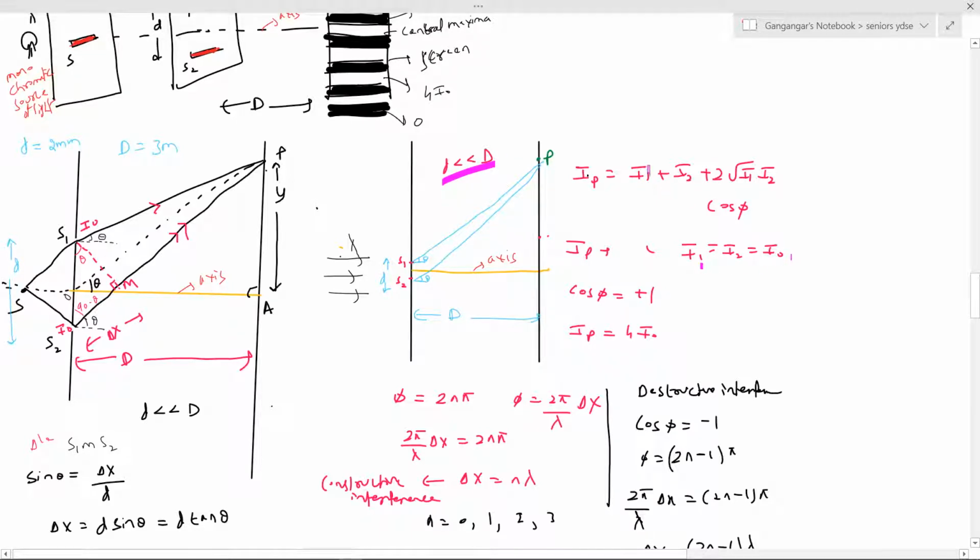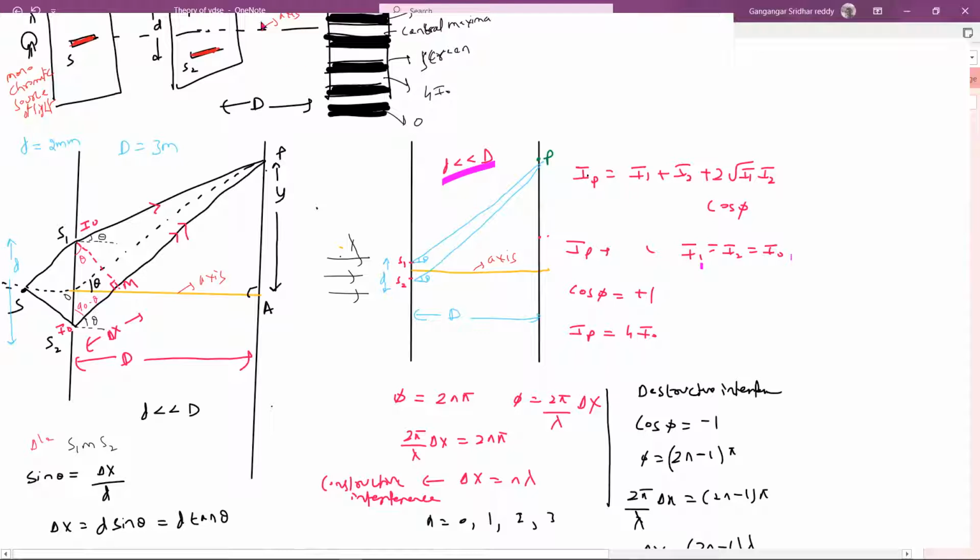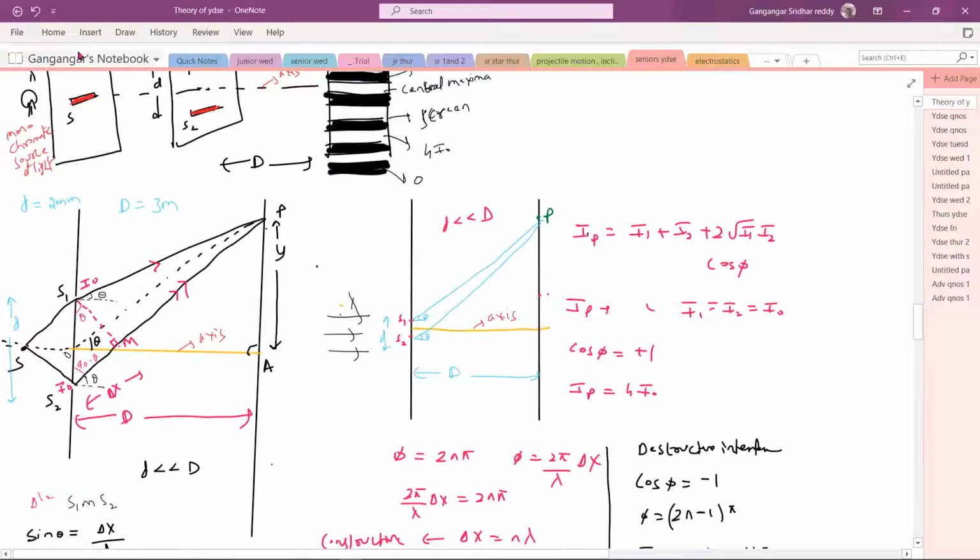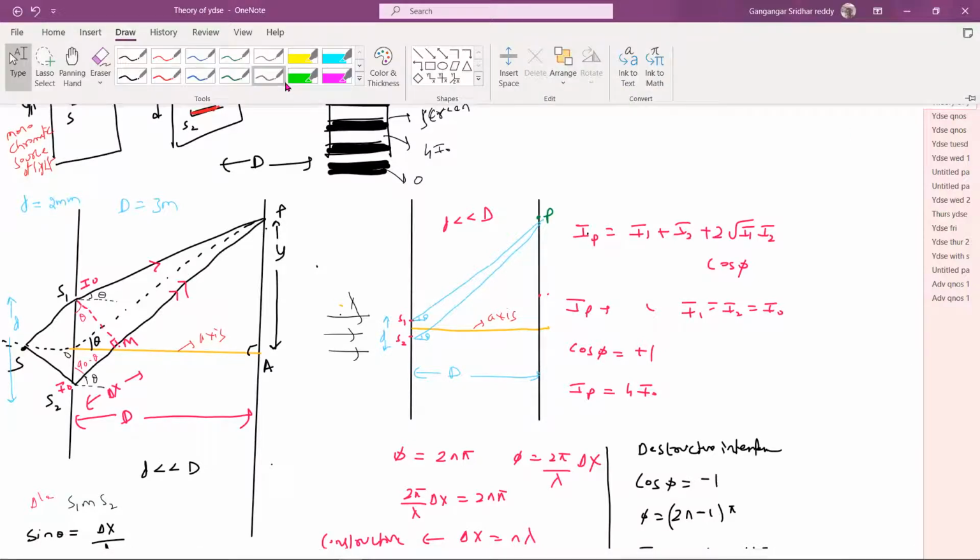If I substitute all that, what is the equation? I need a pen. Let me write it here.